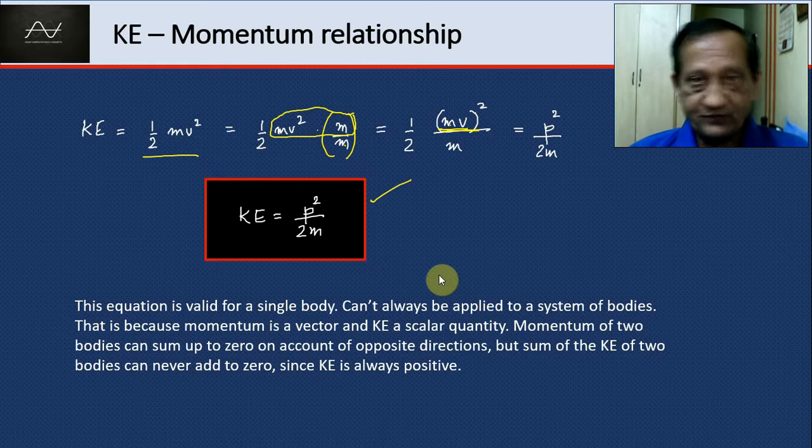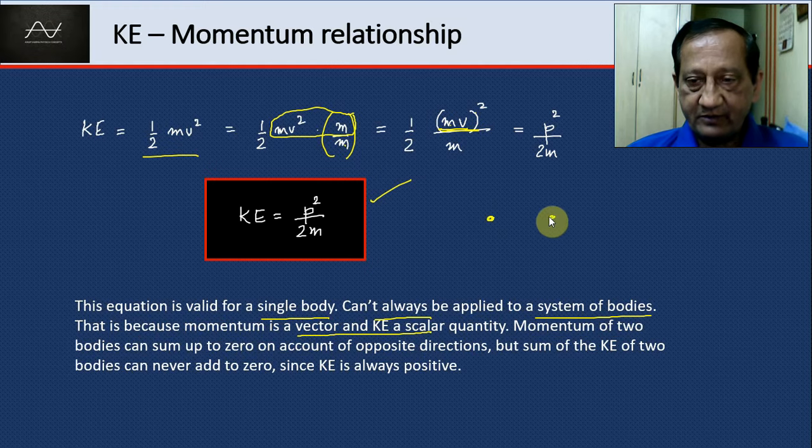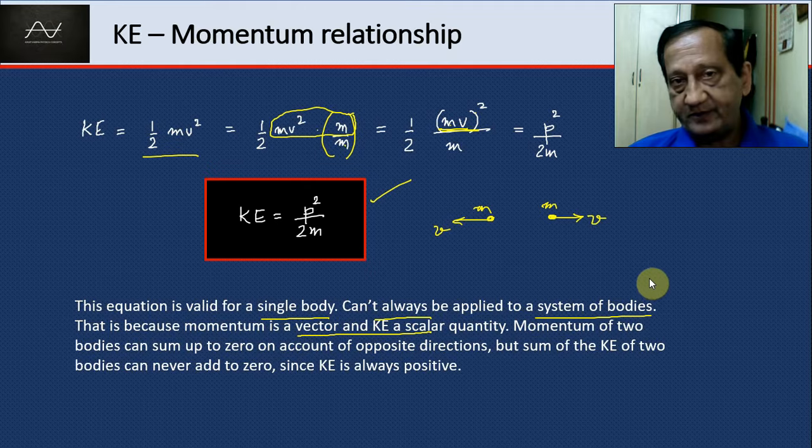It's a very useful relationship, but caution. It is valid only for a single body. It can't always be applied like this to a system of bodies. Why? Because momentum is a vector and k is a scalar. I'll give you a very simple example. Two identical bodies are moving with identical speeds, identical masses, identical speeds, but in opposite directions.